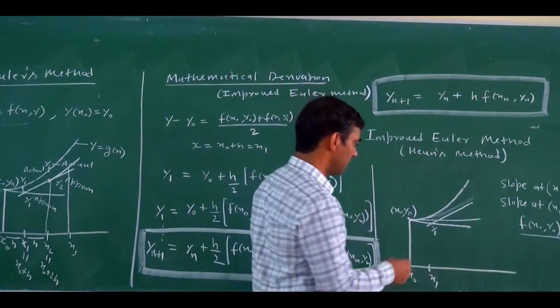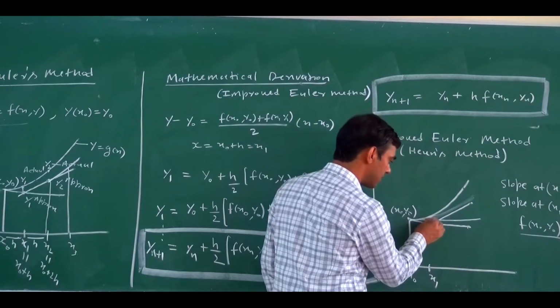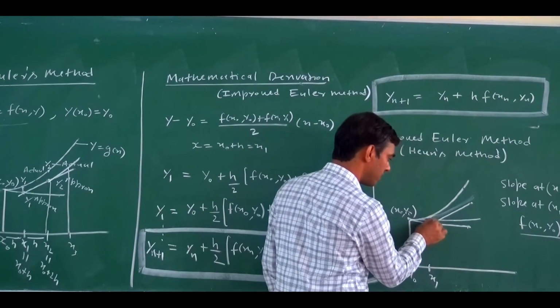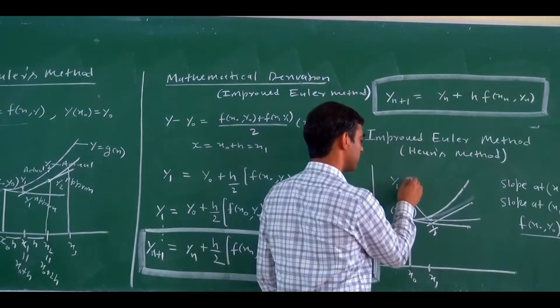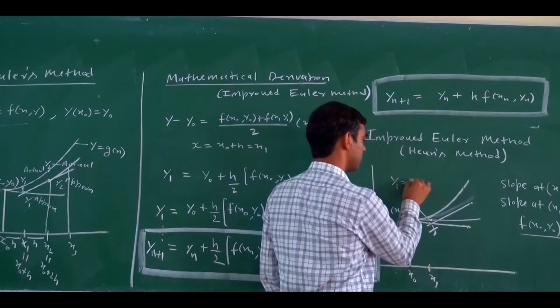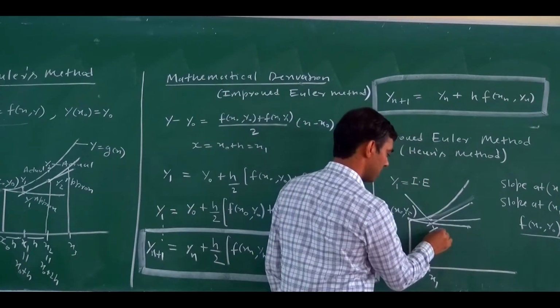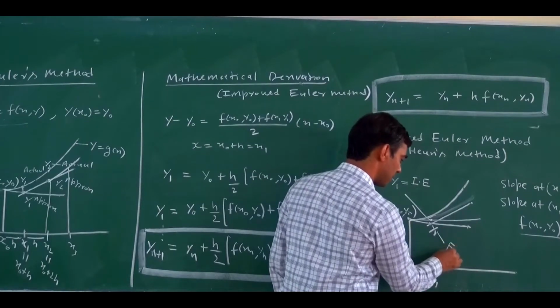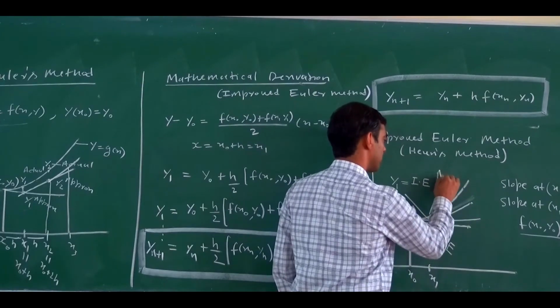Then obviously this y1 is by the Euler method, this y1 is by the improved Euler method, and this y1 is the actual value.